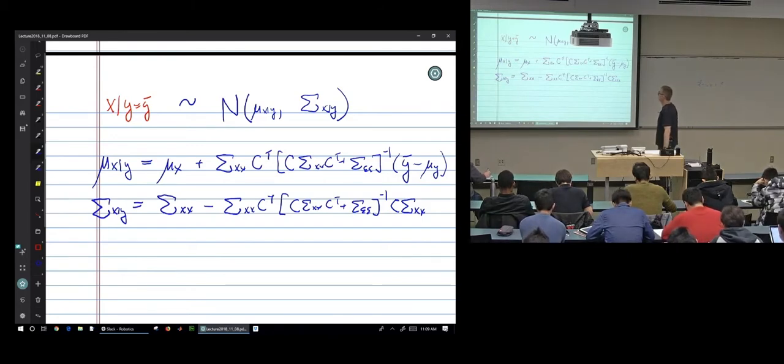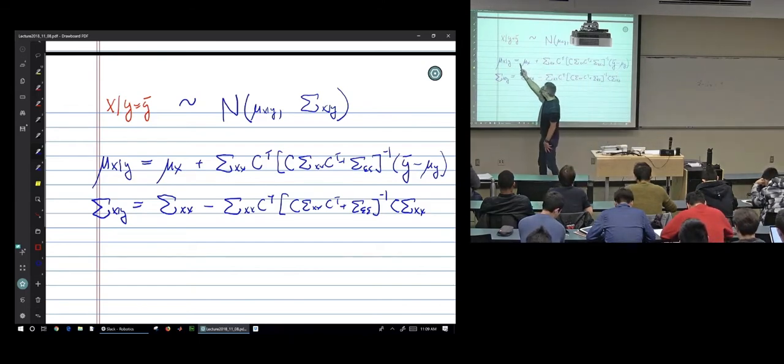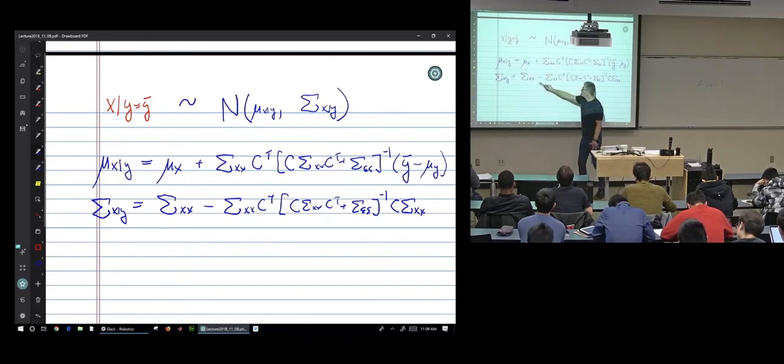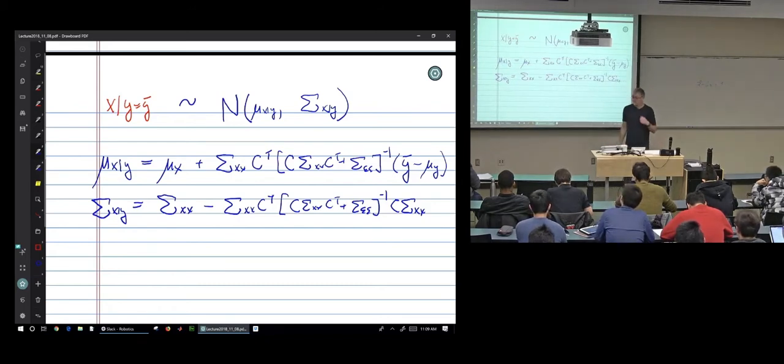And so by making the measurement, we've shifted the mean of x, and we've reduced the uncertainty by this amount. Okay.